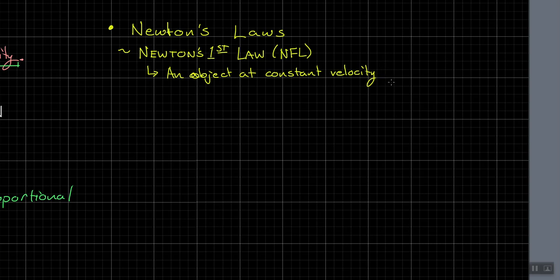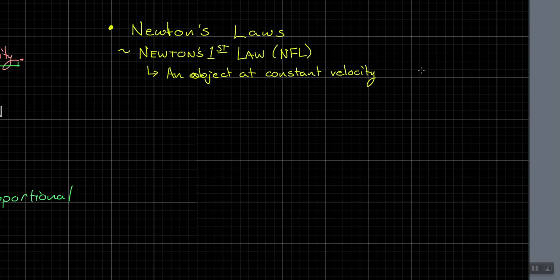Is 0 a number? Could your velocity be 0 and stay 0? So notice I'm saying an object at constant velocity, which implies two things. It could be moving, or it could not be moving. Everybody cool with that? Because normally when you see this, it's an object at rest or in motion is how we word it, but this is more precise.